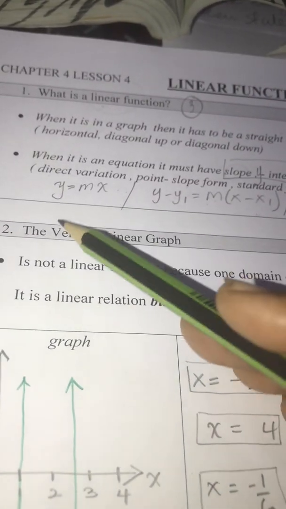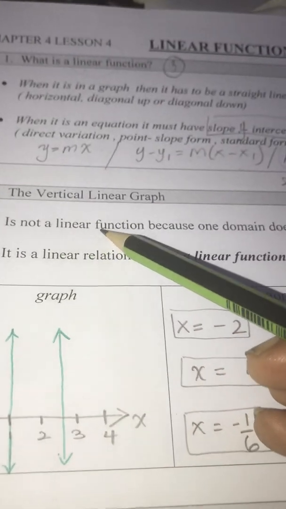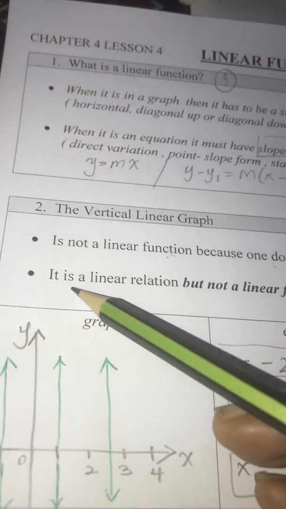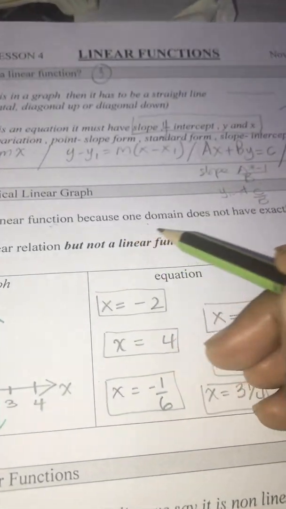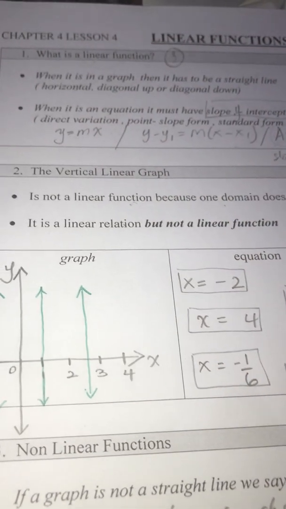All right, now let's talk about a vertical linear graph. It is not a linear function because one domain does not have exactly one range. It is a linear relation, but not a linear function. Two different things.